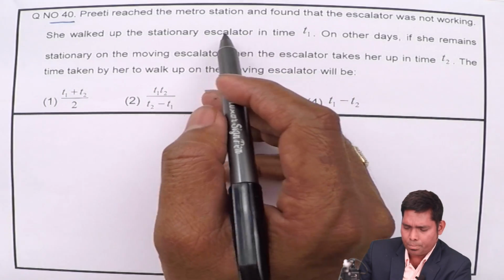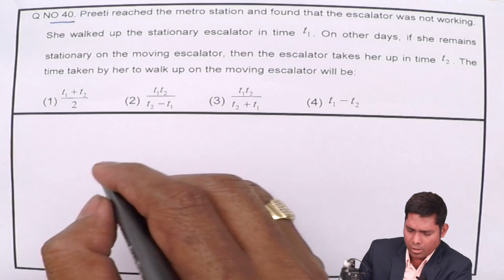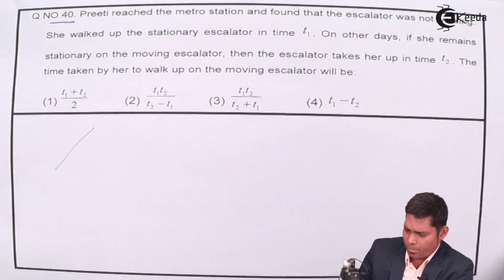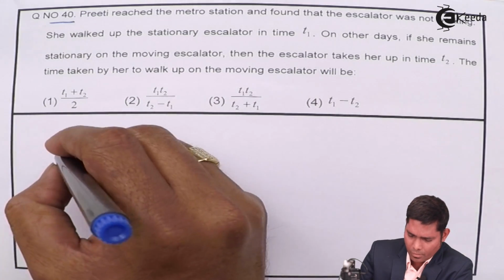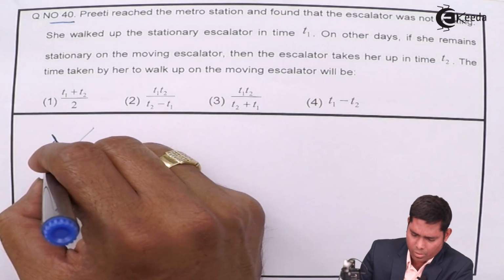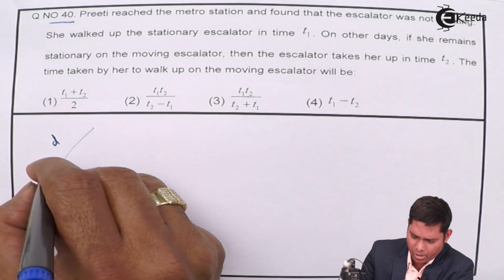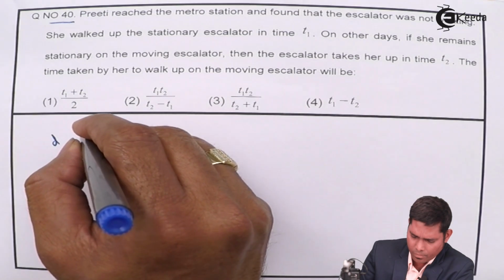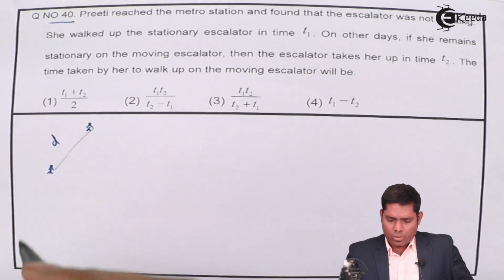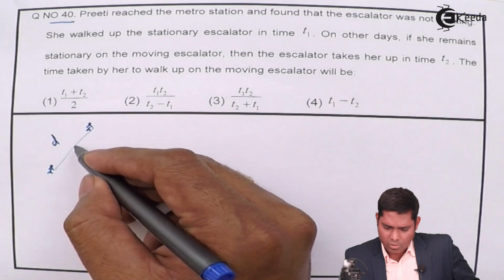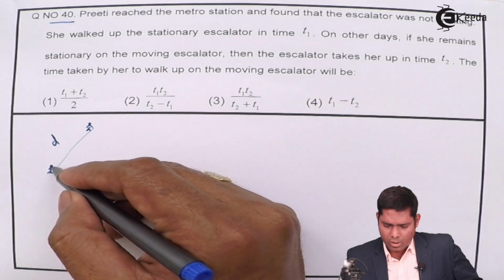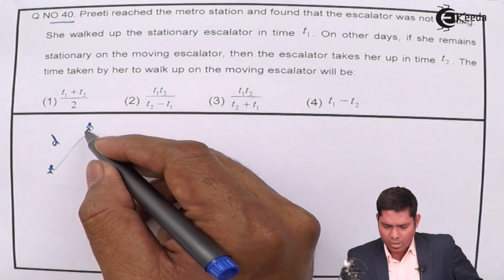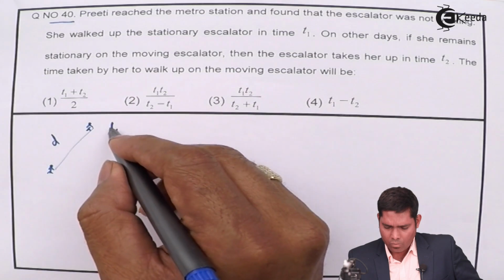So if the distance of the escalator is supposed to be d, Preeti will start from here and reach this place. When this escalator is at rest, she has to walk, and when she walks, it takes time t1.